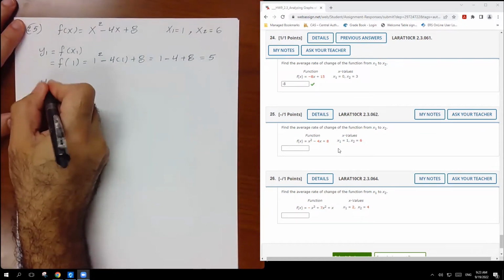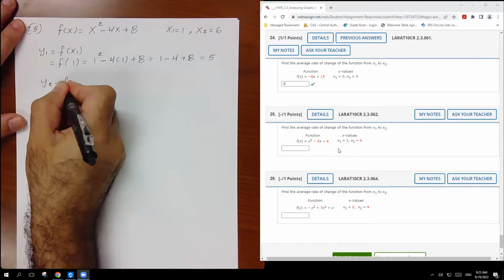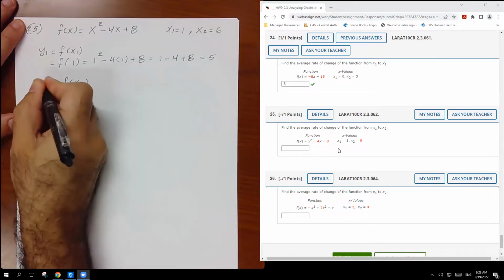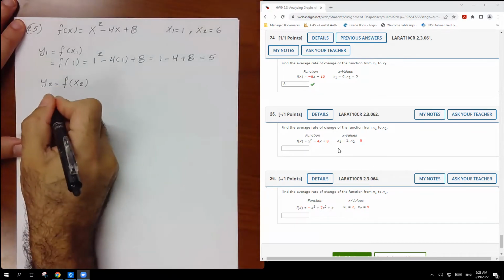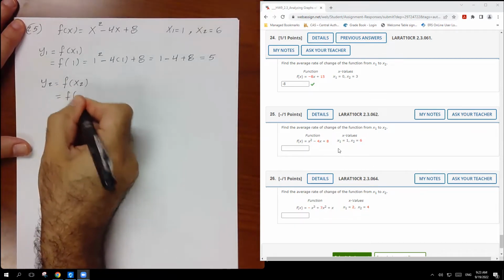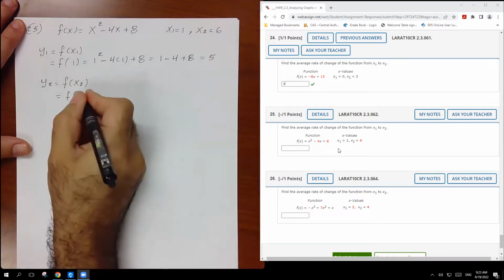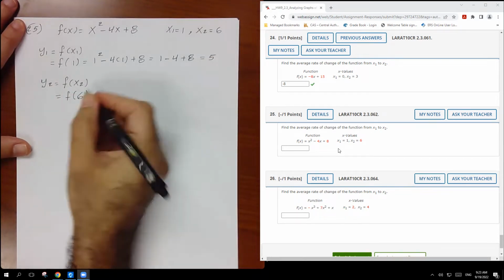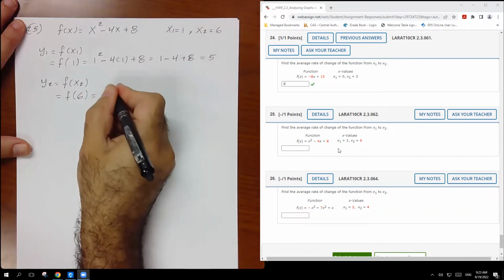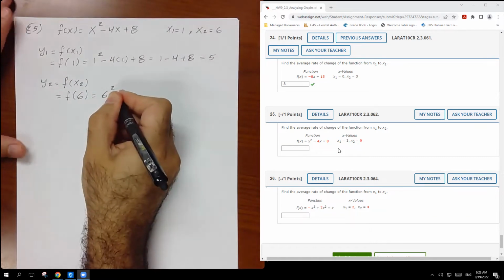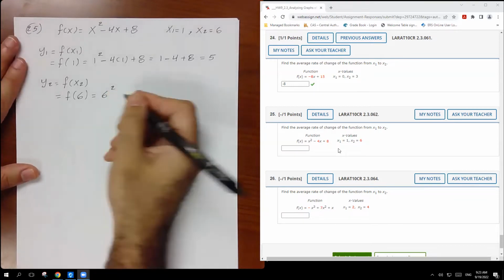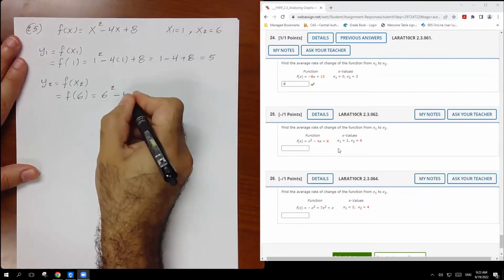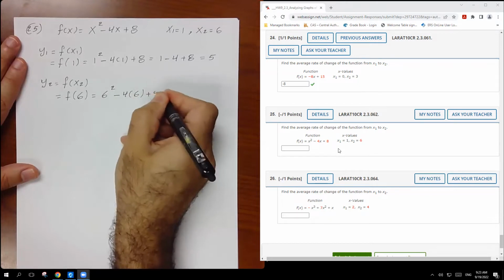You can say y2 equals f of x2. You can work like this, but it's going to be the same thing. So y2 is f of x2, where x2 is 6. That means you're going to plug in 6 here. It's going to be 6 squared minus 4 times 6 plus 8.